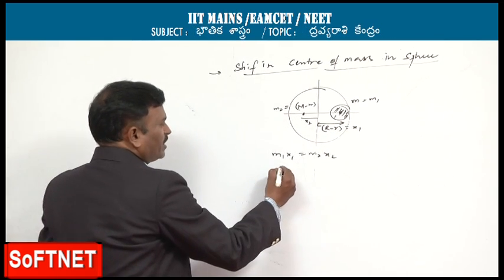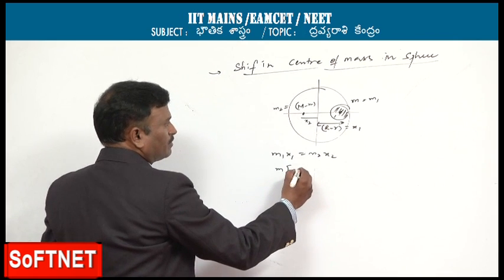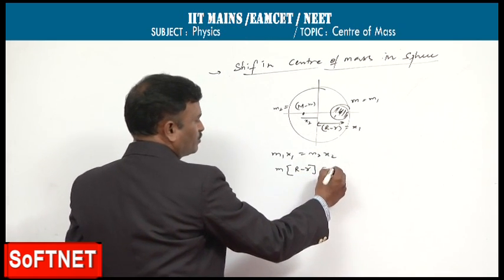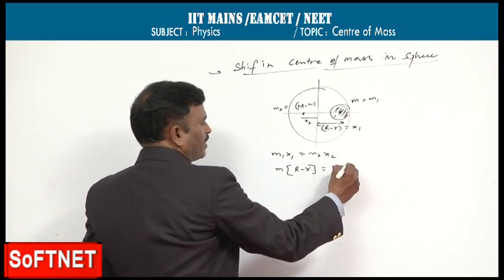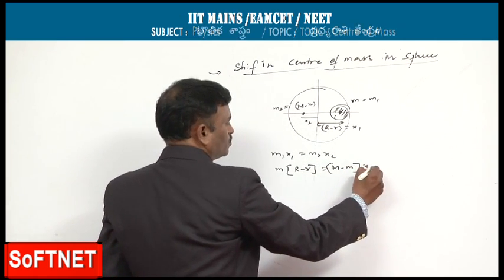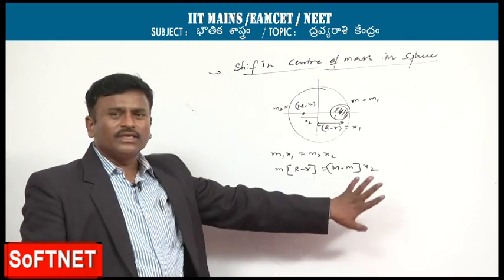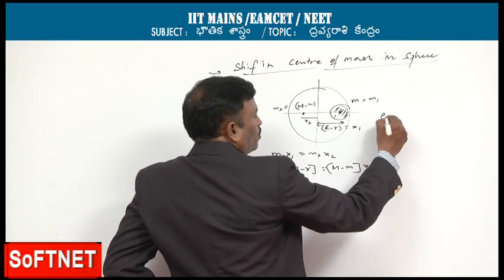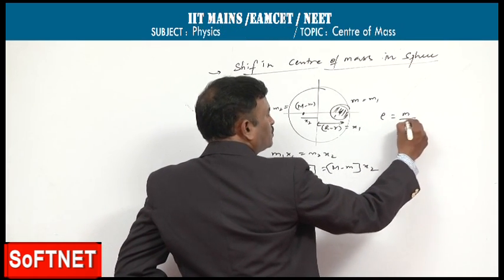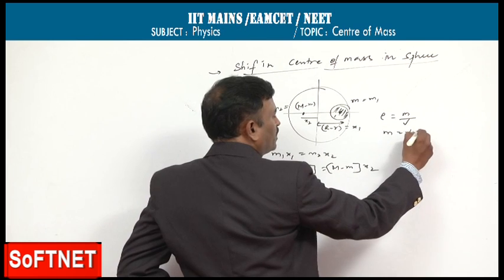Now m1 is the removed mass, x1 is the position capital R minus small r, m2 is anyway capital M minus small m into x2. Here we need x2. Same way, easily we can identify: rho is equal to density is equal to mass by volume, mass is equal to volume into density.